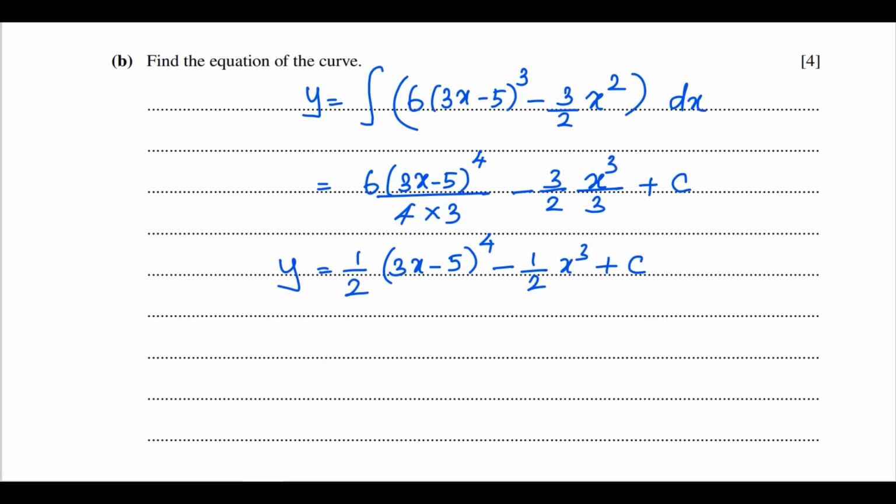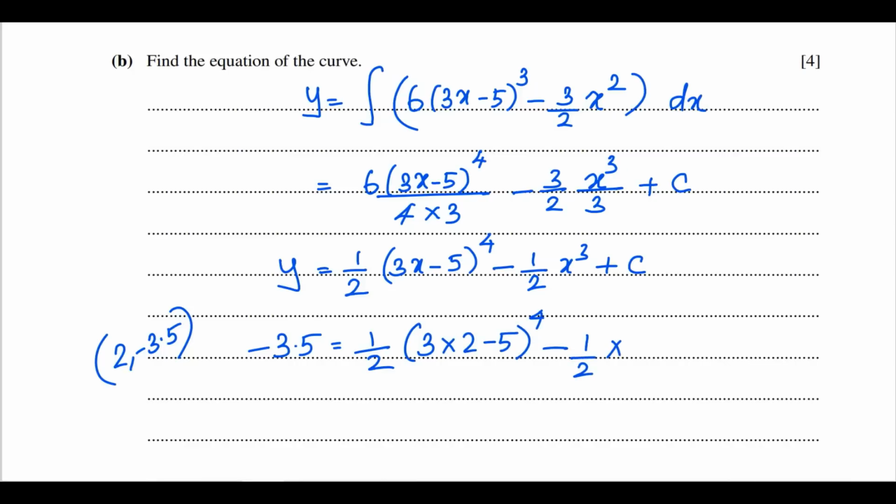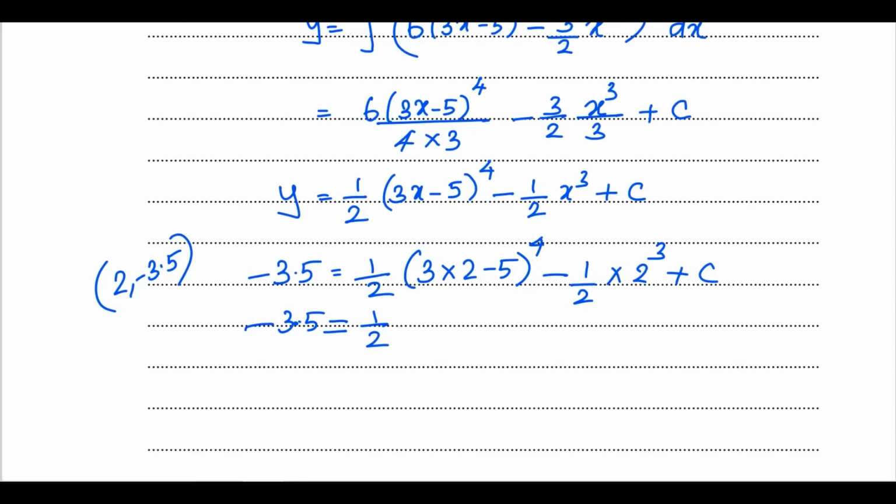Okay. So we'll substitute (2, −3.5) here to find the value of C. 1 over 2 (3 multiplied by 2 − 5) the whole power 4 minus 1 over 2 multiplied by 2 cube plus C equal to negative 3.5. Half multiplied by 3 multiplied by 2 is 6, 6 − 5 is 1, 1 power 4 is 1.